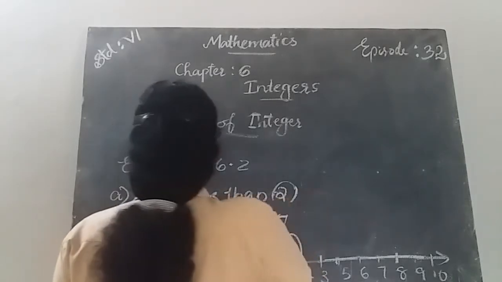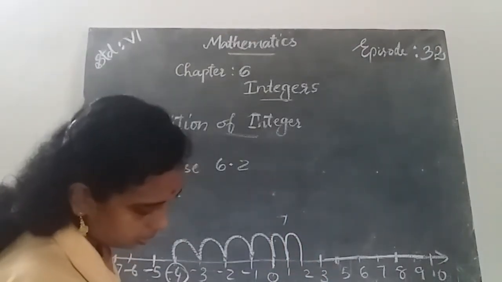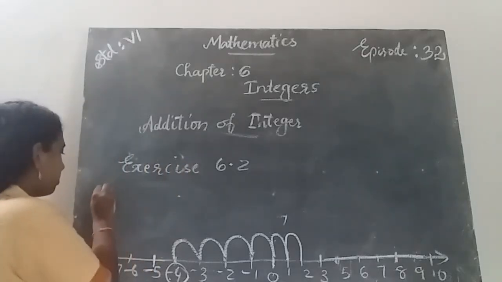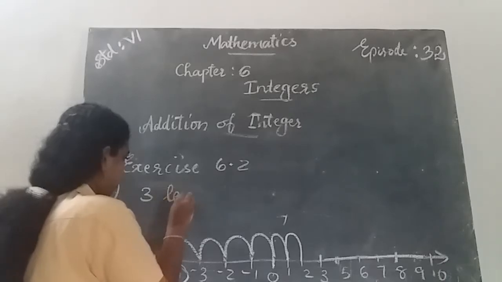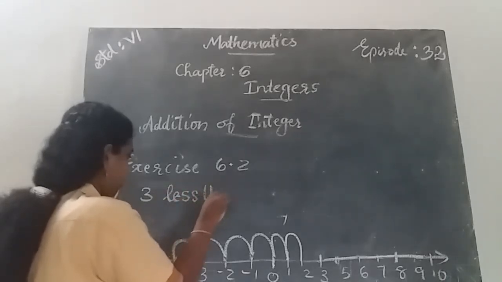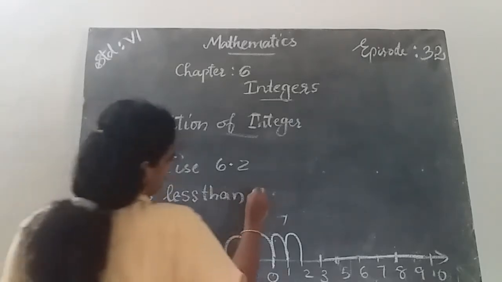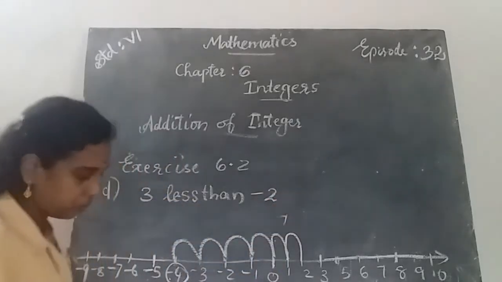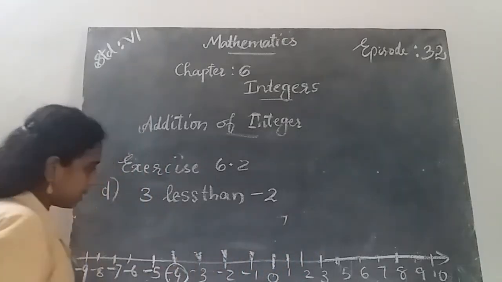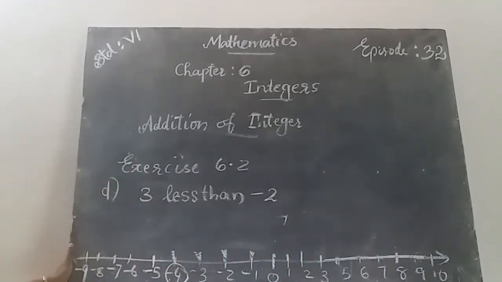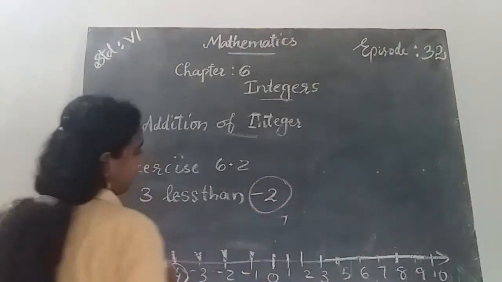The next one is 3 less than -2. So 3 less than means we move 3 steps towards the left, from -2.